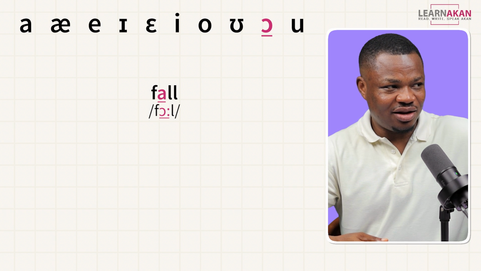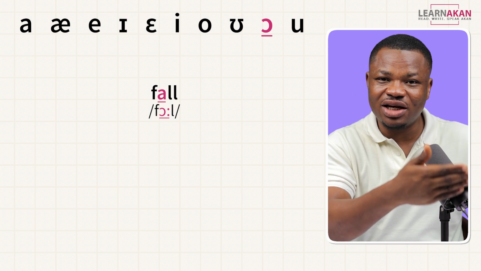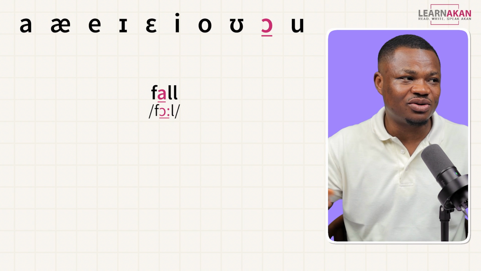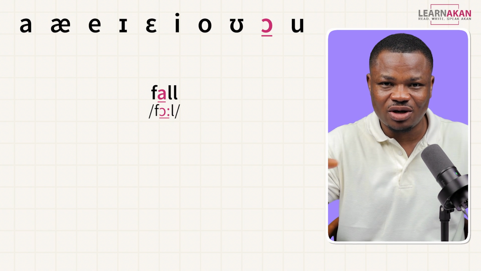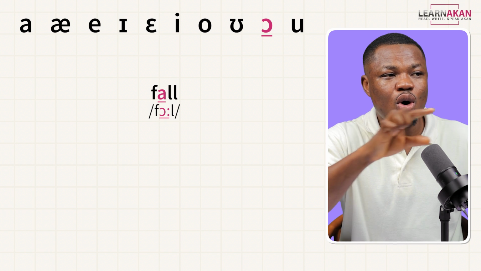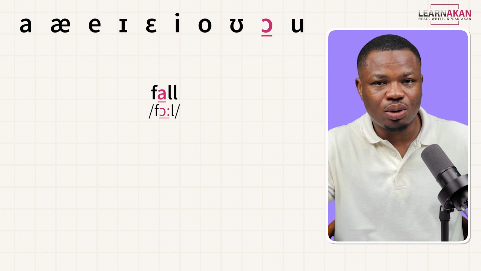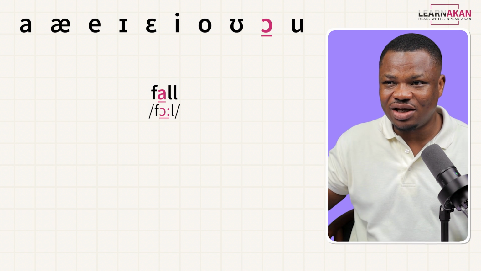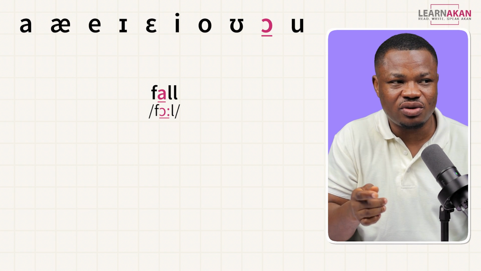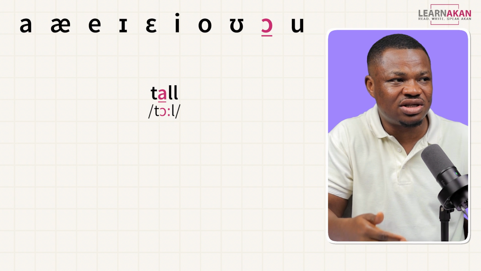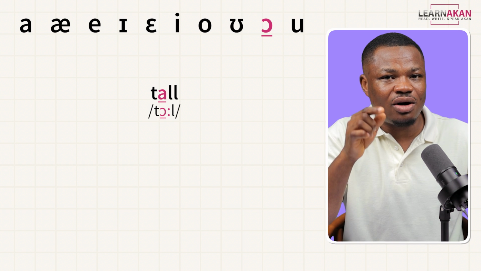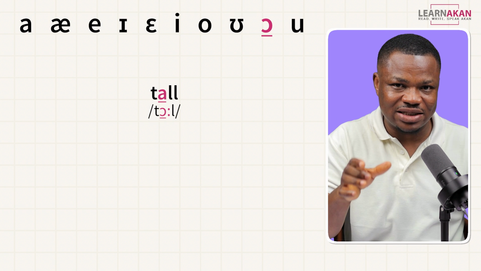Just that in these words and a lot of English words that have this particular sound, the o is stretched, so it's a long o. So you hear call, tall, right? But in Twi, it's a very short o sound. So it's like saying tall, but cutting it short in the middle. So you say to. So that o that you find there, that is it.